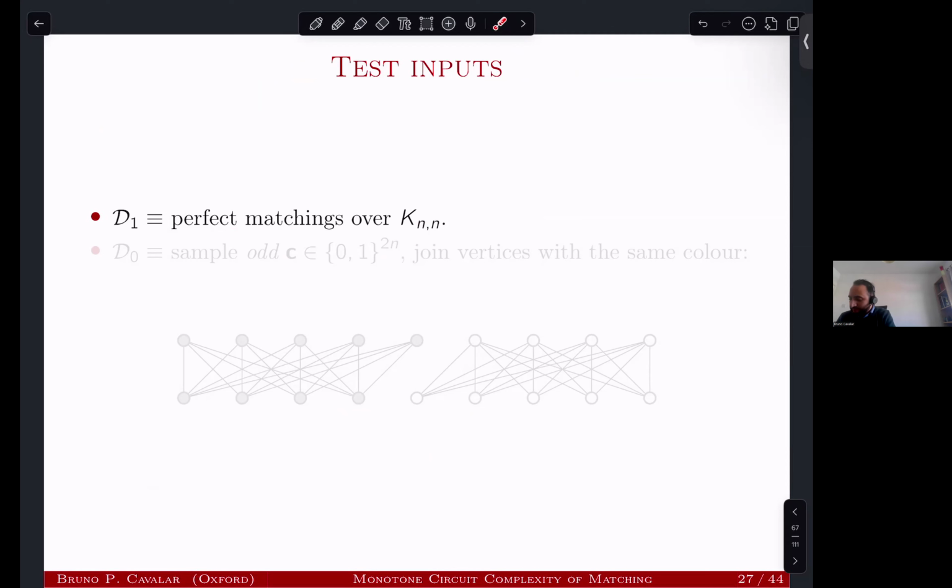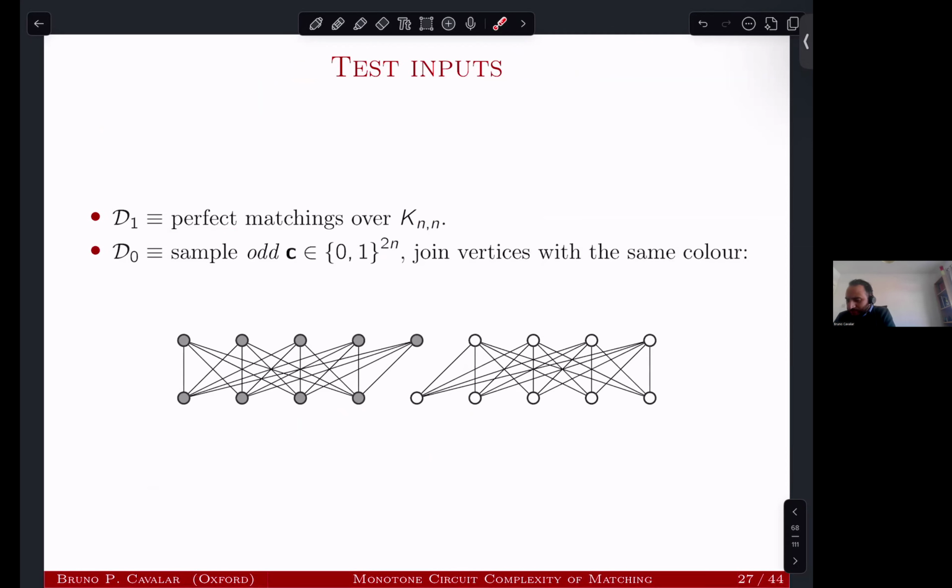Okay, that's simple. And D0 is going to be as follows. We're going to sample a coloring of the vertices of the bipartite graph. Some are going to be black, some are going to be white. And we sample uniformly at random from the colorings that have an odd number of ones. And you join vertices that have the same color.